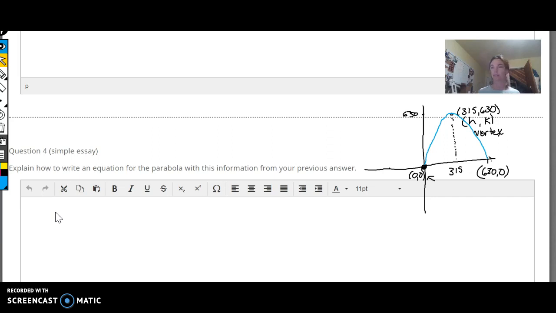So one thing I'd like to do here is use the vertex form.